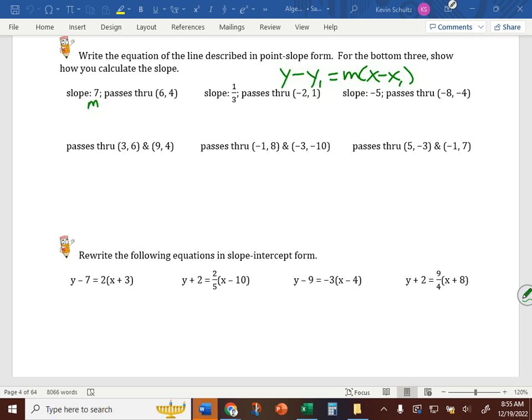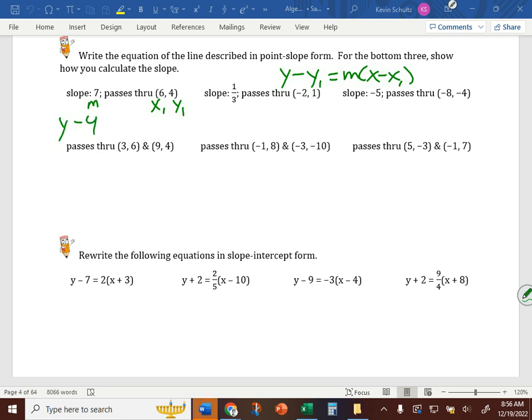That (6, 4) is going to be that specific ordered pair. It's not just any ordered pair. It's a specific ordered pair you're told the line passes through. So here's going to be your value for x1 and y1. And with that information, you have all the pieces you need to write this equation in point-slope form.